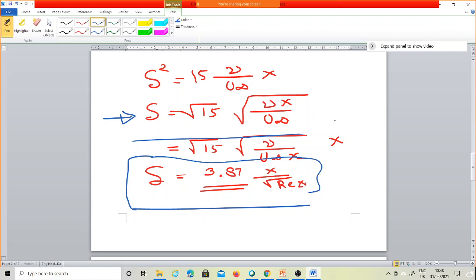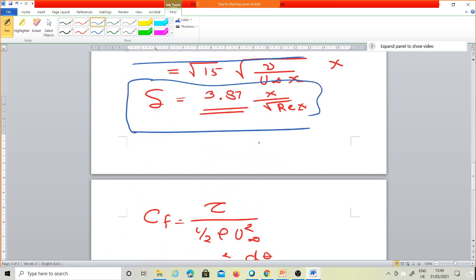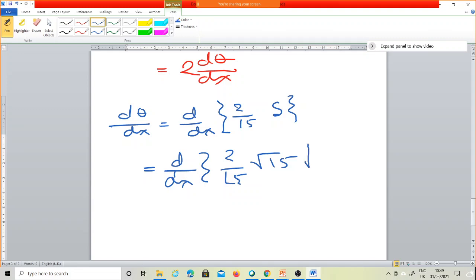So first of all, they say to express in this form and then change it to this form. So you just put the value of delta in this case. So d/dx, of course you have 2 by 15, delta is root over 15 mu x divided by u infinity. I'm not sure, just simplify it. These are constant, and you have a function of x here.